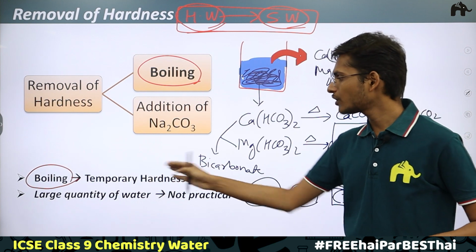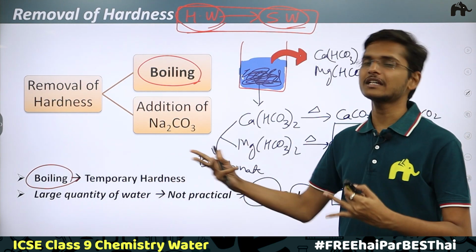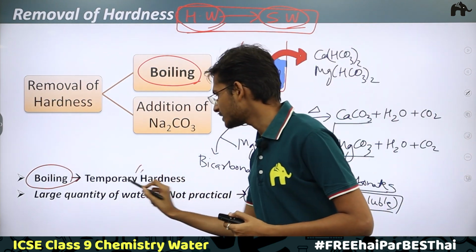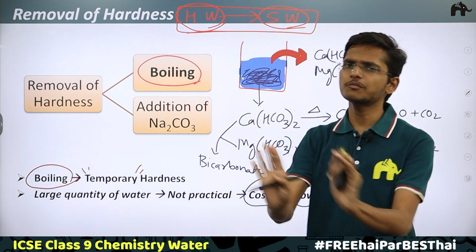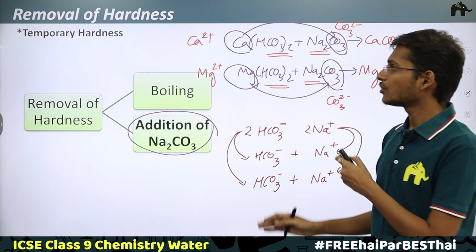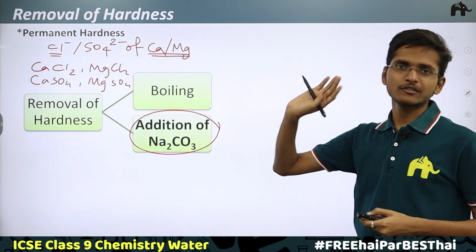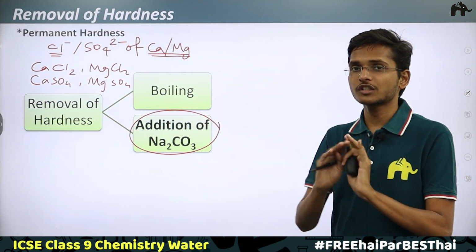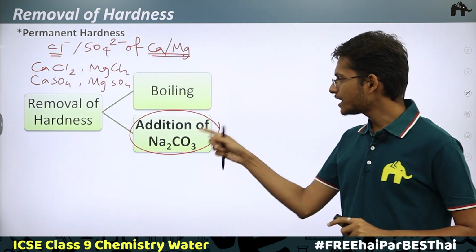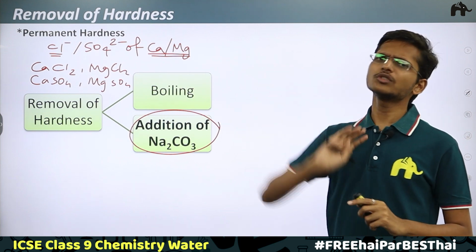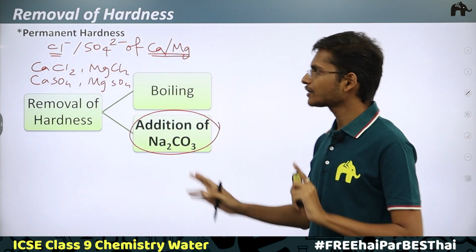That's why we use the term temporary. But permanent hardness is not like that. We cannot remove the permanent hardness of water just by boiling. Then what we can do is use the second method, addition of sodium carbonate, to remove the permanent hardness. But let's start from the first.